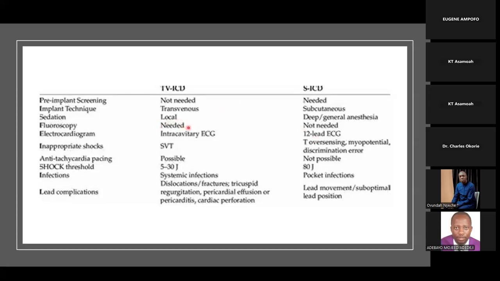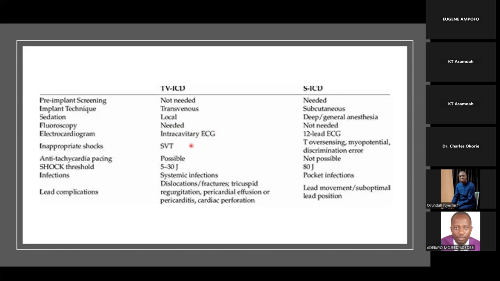Transvenous, you will need fluoroscopy. Subcutaneous, you don't. Transvenous will give you an intracardiac ECG, whereas the subcutaneous will give you a surface 12 lead ECG kind of reading.